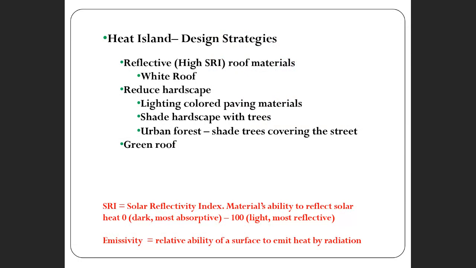What are some of the ways we do that? One would be using reflective or high SRI, solar reflectivity index. You see I defined it at the bottom there. So reflective roof materials, often called a white roof.